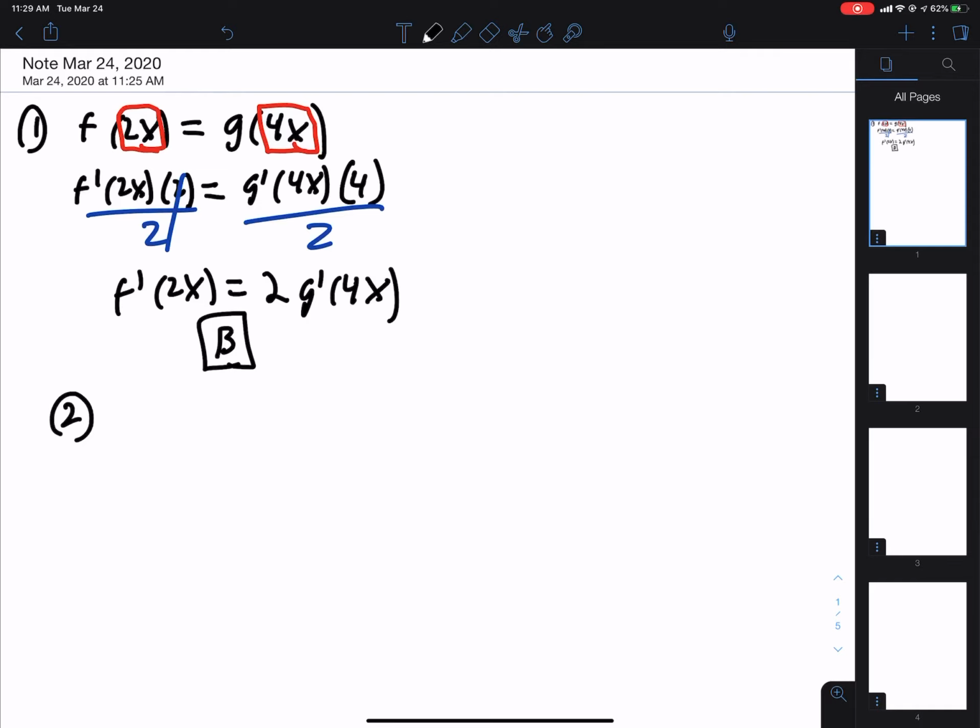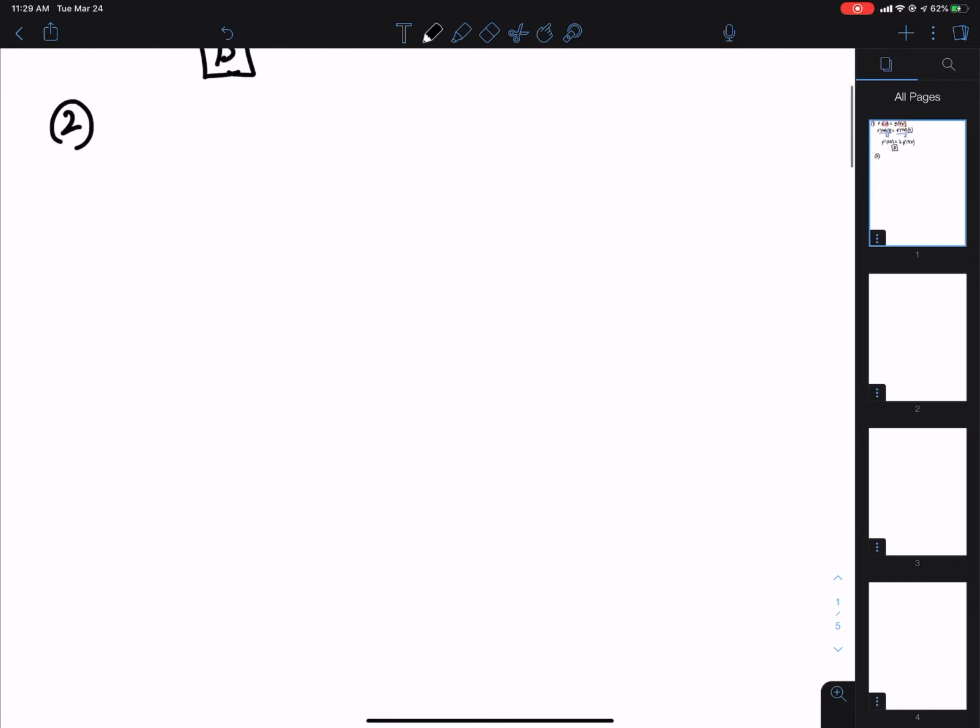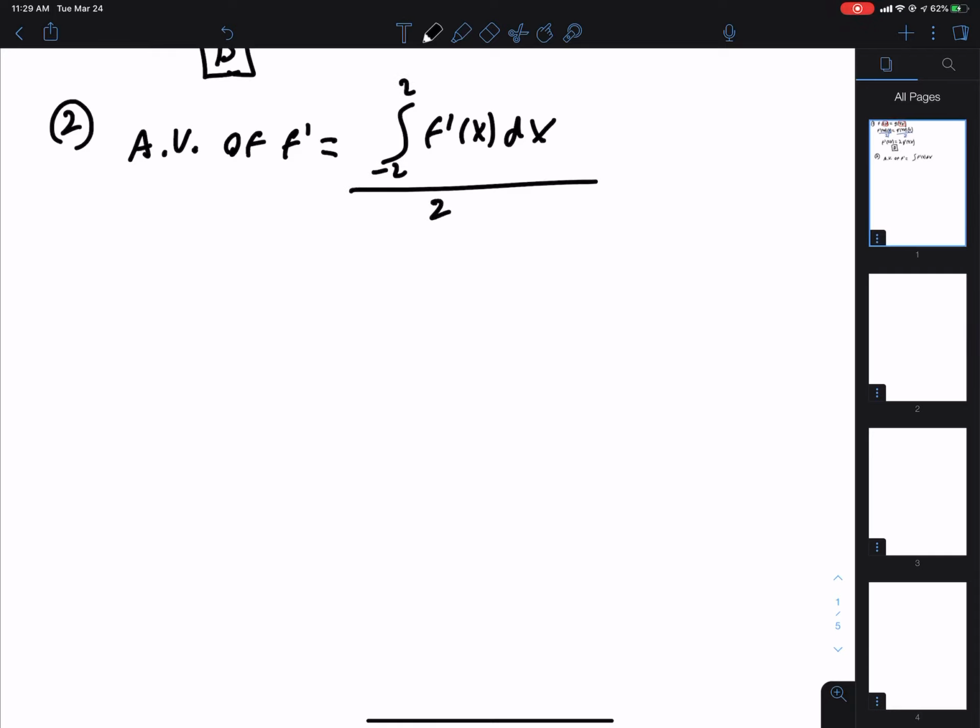Number 2, they want the average value of f prime, and you should know the average value of anything, you would integrate it, and they want it from -2 to 2, and you have to divide by the width.